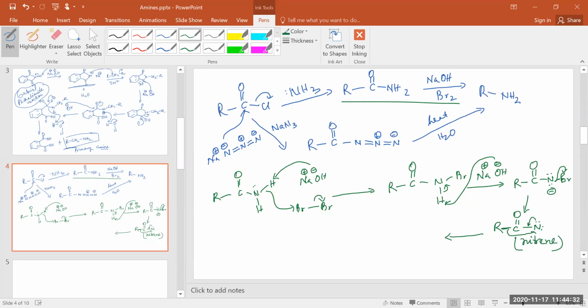So what happened? R went to the nitrogen. So nitrogen has the R group. See, the nitrogen-carbon double bond is forming, and the carbon has oxygen. So this functional group is called isocyanate.